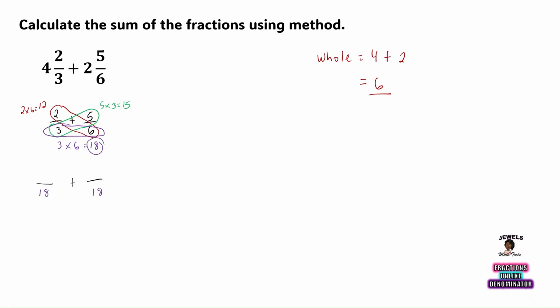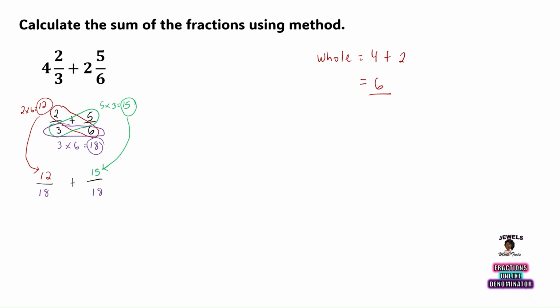Now, once we have identified and placed in our denominator, let's start with our first fraction. So we multiply 6 times 2 in the first fraction, which gave us 12. Our 12 will become the numerator of our first fraction.